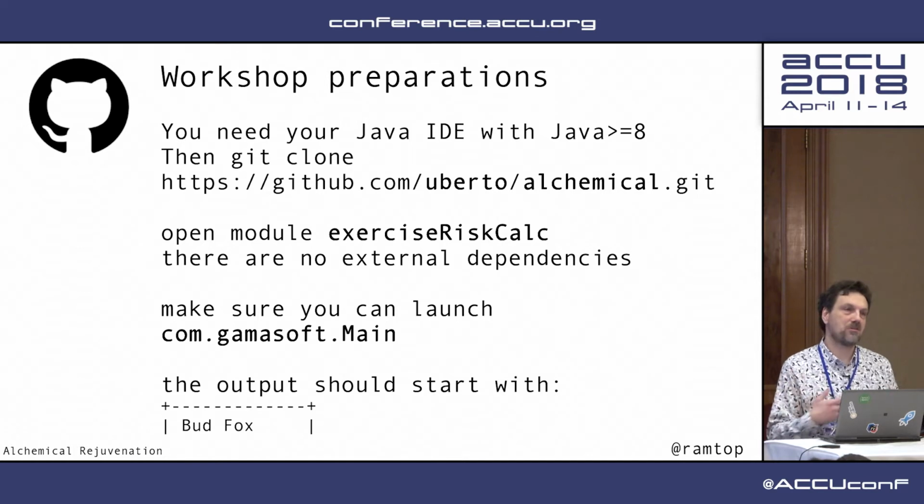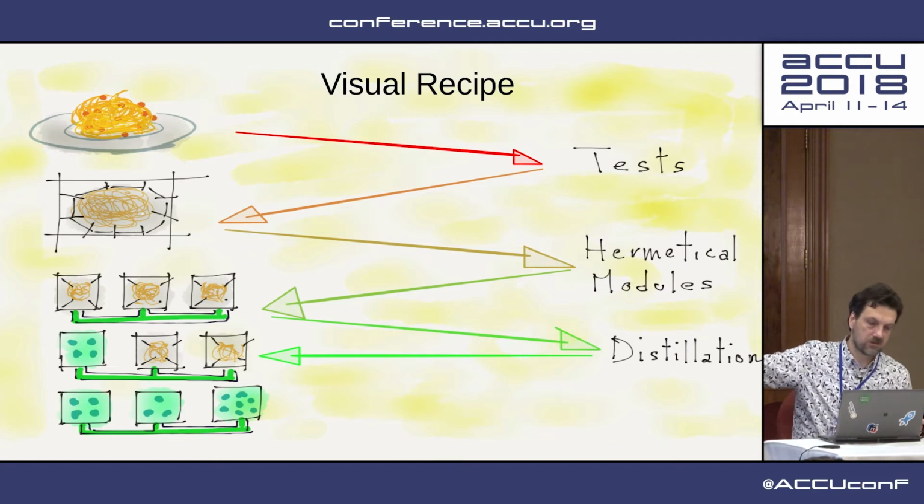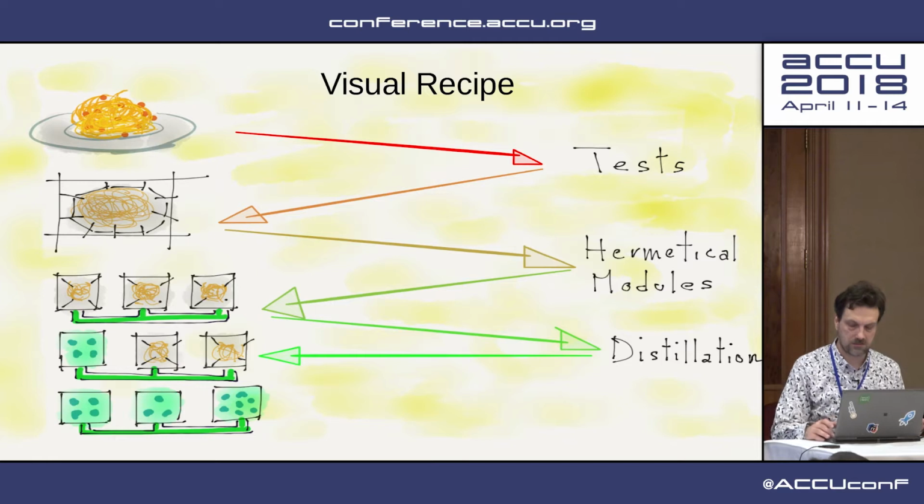This is just a workshop to show you mainly these 4 techniques that we'll use. If I go back to the recipe, the idea is to split the stuff into modules, and when we split the modules, we don't have unit tests. So this is the main goal of these techniques.